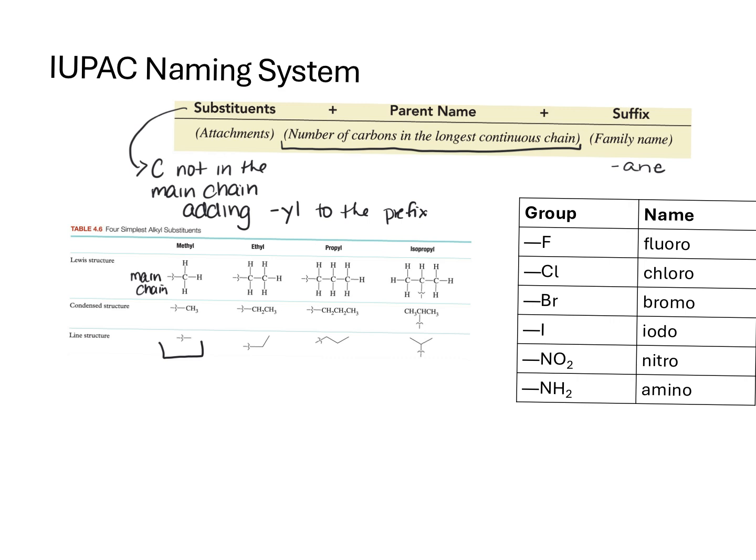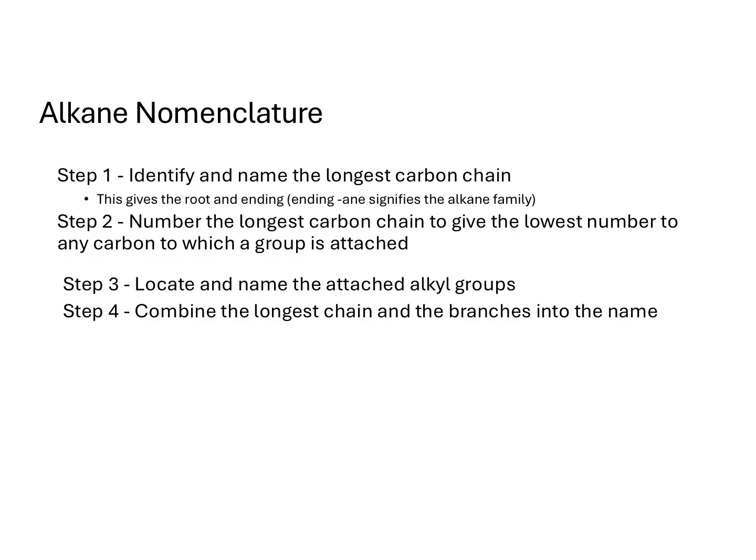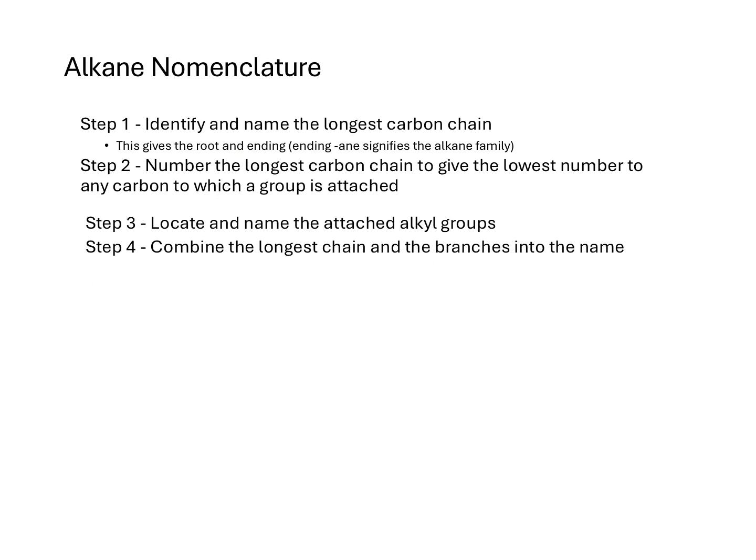So let's go through steps on how we name these molecules and look at an example. So for example, let's say I have this molecule, okay? And I always find it really, really helpful to have a highlighter or to use multiple colors.